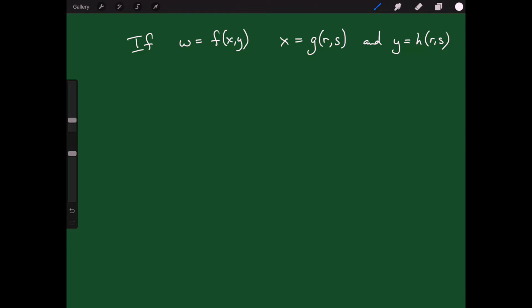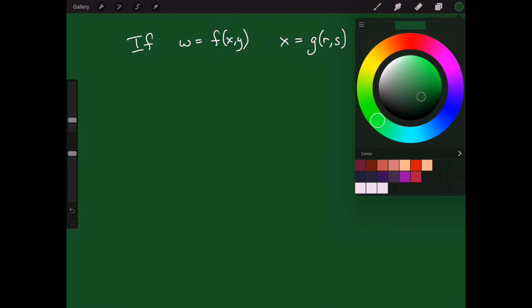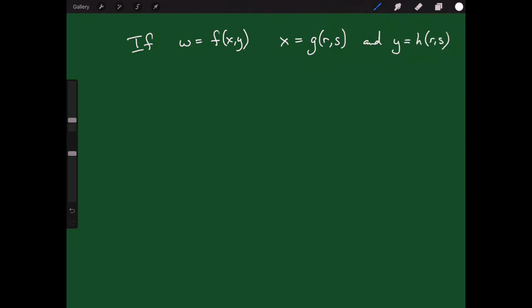We say that the derivative, or maybe in this case, we get a partial derivative, because we can't take the derivative of w with respect to r outright. It's a partial derivative because there are 2 components to it, r and s. So we can talk about the partial derivative of w with respect to r.